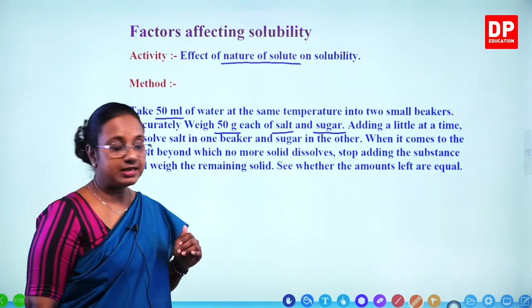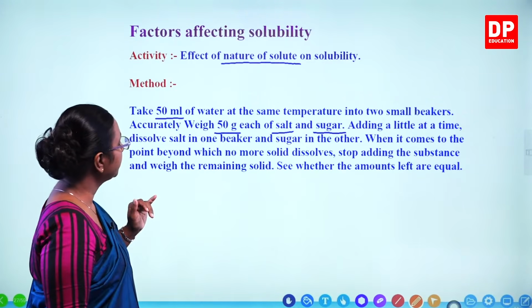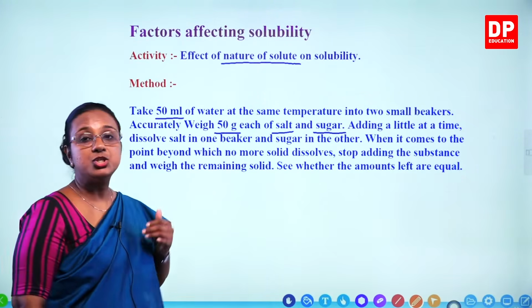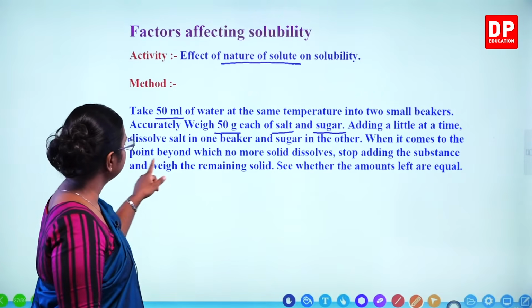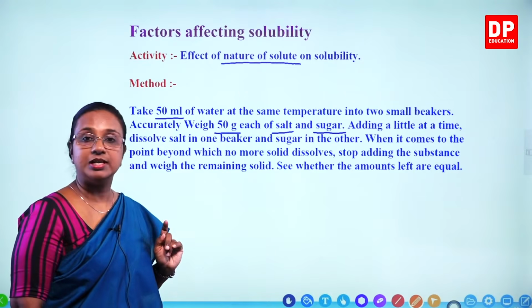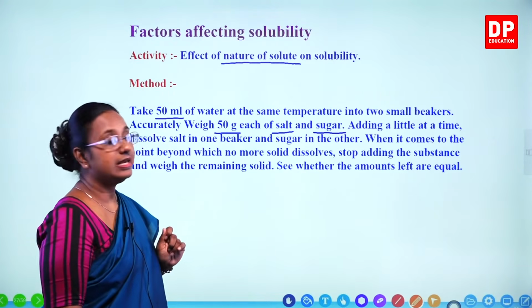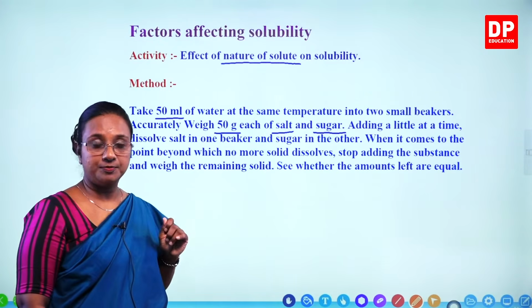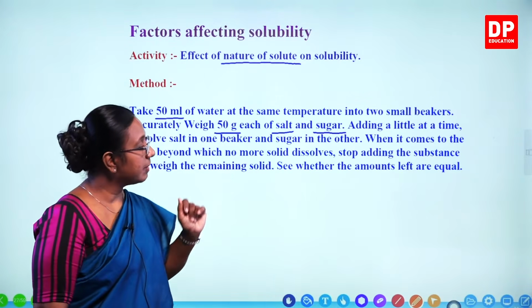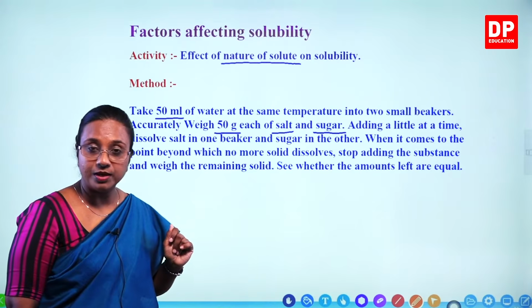Adding a little at a time, dissolve salt in one beaker and sugar in the other. When you come to the point beyond which no more solid dissolves, stop adding the substance and weigh the remaining solid. See whether the amounts left are equal.